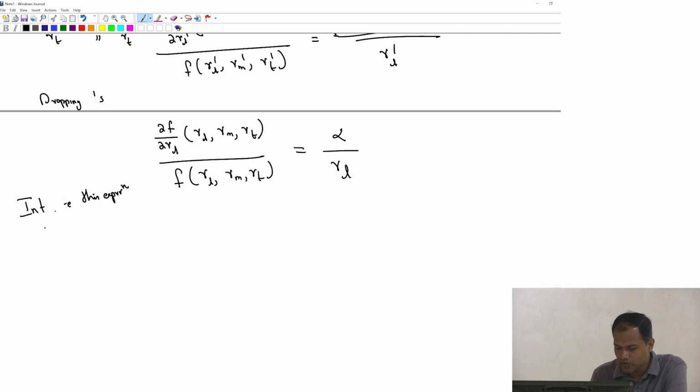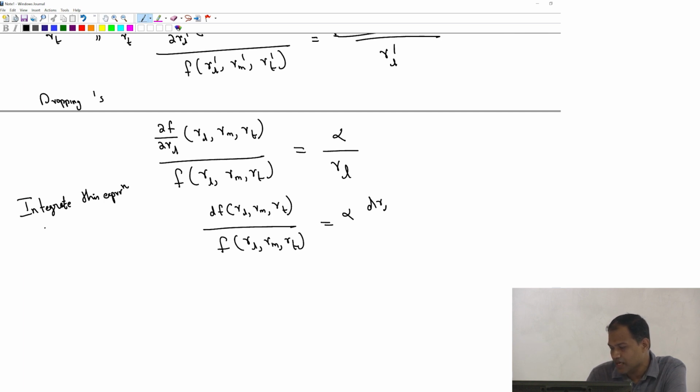I am just integrating the quantity, so that I can write this as df of a function of RL, Rm, Rt divided by f of RL, Rm, Rt is equal to alpha DRL divided by RL. Just rearranging and doing the integration. So this is dou f by dou RL. I keep bringing this DRL to the right hand side and integrating. That's all.